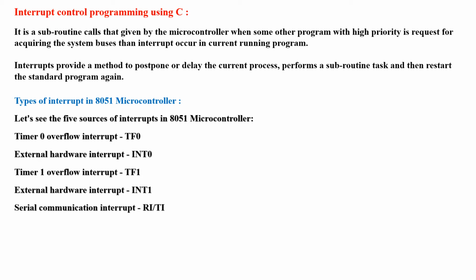The third is timer 1 overflow interrupt denoted by TF1. Next is external hardware interrupt denoted by INT1. And the last type of interrupt is serial communication interrupt, that is RI, the receive interrupt flag, or the transmit interrupt flag.